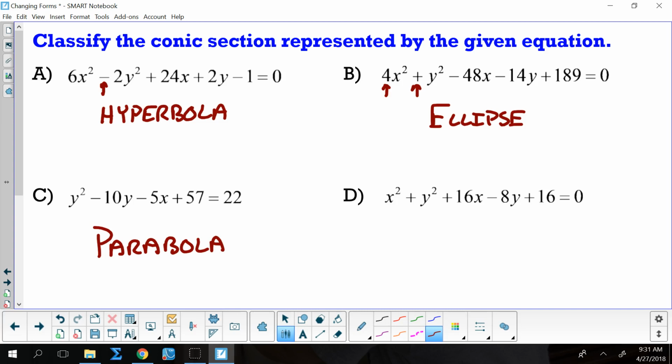Bingo. There's 2 squared terms. They're being added. And the coefficients are the same. So that's a circle. Okay?